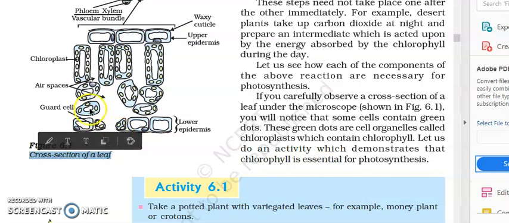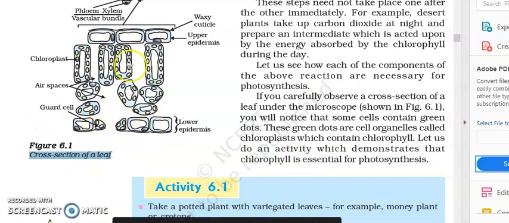Go on, find out what is the difference between the leaves of a dicot and a monocot. The dicot has a dorsiventral leaf. What does the word dorsal and ventral mean? Hint is with respect to the surfaces, the upper epidermis and the lower epidermis. You see a clear difference, presence and absence of stomatal pores.